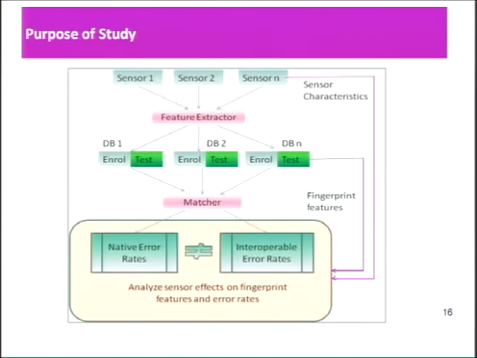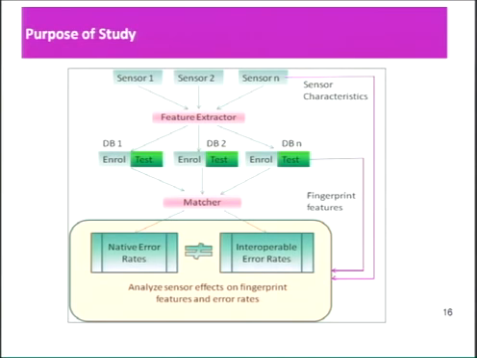This is just the purpose of the study in a graphical format. There were fingerprints that were collected across 9 different sensors, and then the data sets were divided into enroll and test data sets. When the fingerprints were collected, the sensor characteristics were noted.